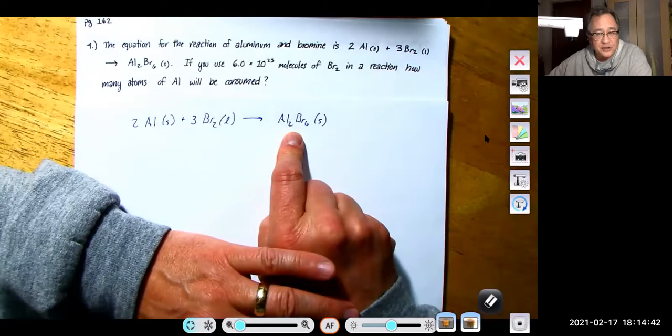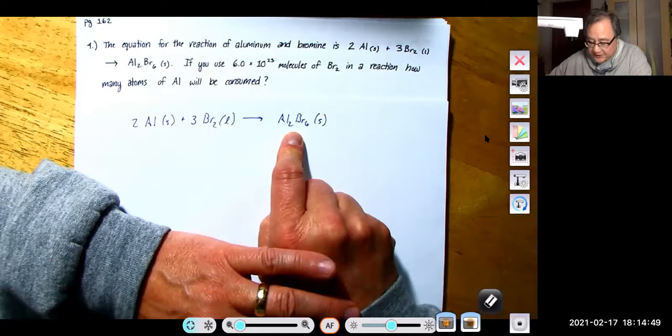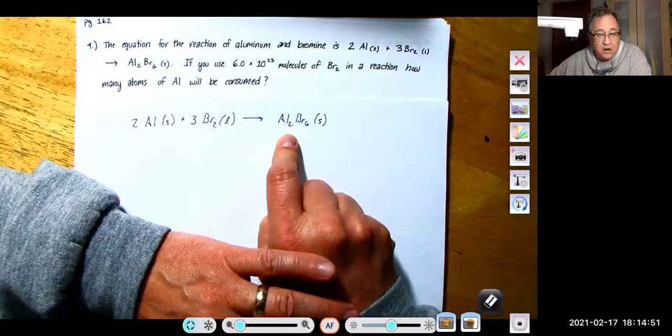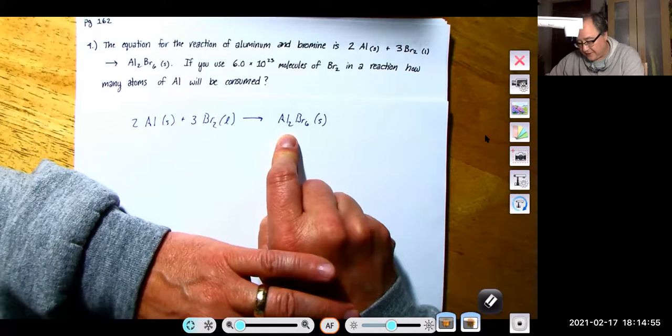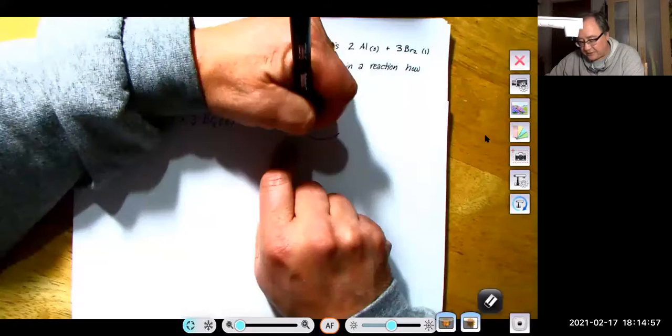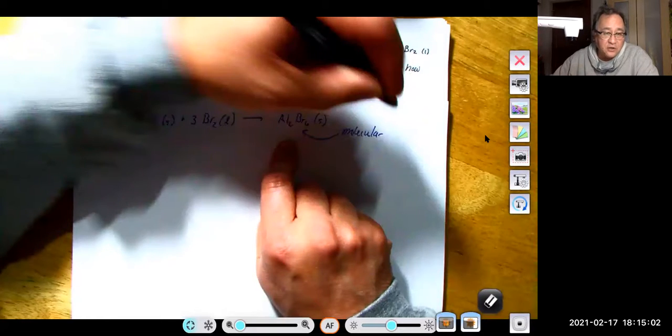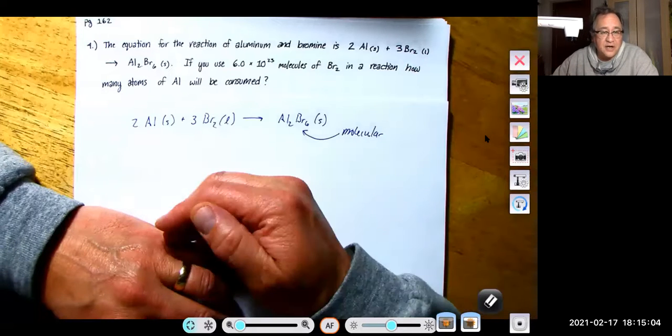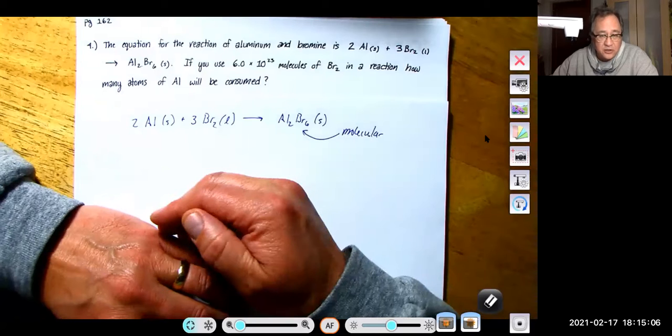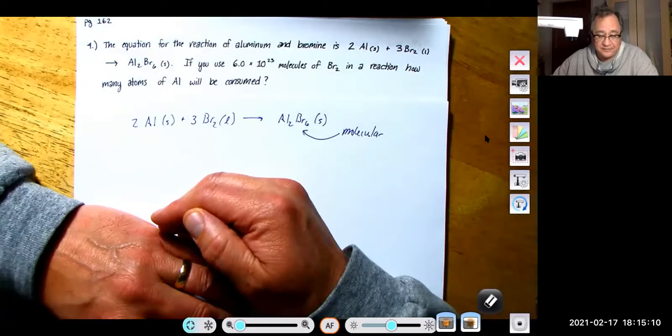Which means it should be ionic. But when we write the formula of ionic compounds, we have the simplest ratio, and this does not have AlBr3, it has Al2Br6. Why? The answer is that's molecular. Remember, molecules have a molecular formula, which is the number of atoms in the molecule, and an empirical formula, which is the simplest ratio. So this is actually a molecular compound.